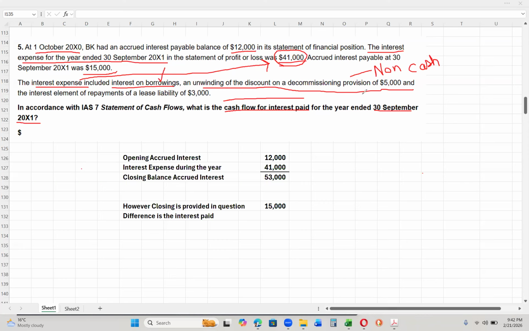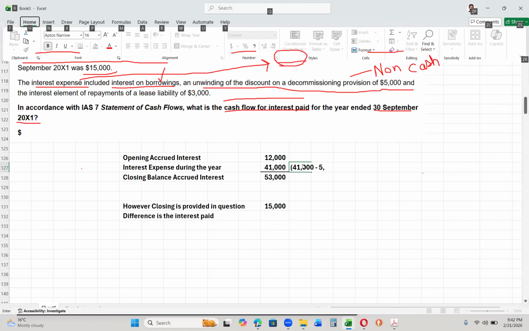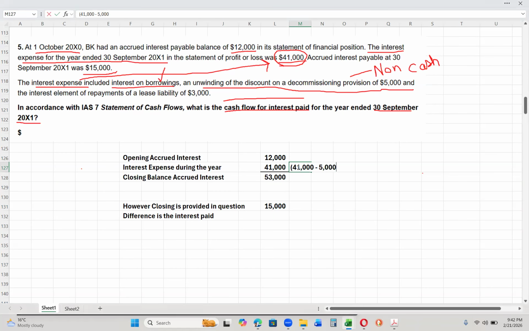We need to get rid of this one. We could take the interest expense of 41,000 and take away the 5,000. We are trying to calculate the cash flow, but this has a finance element to it while really being non-cash. This is just the unwinding. We have this piece of land and we have to decommission it.